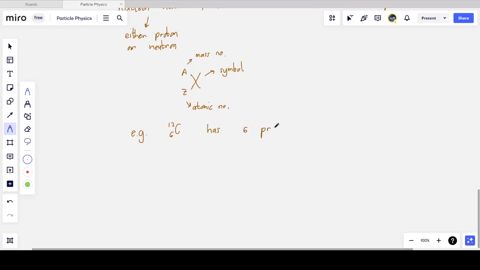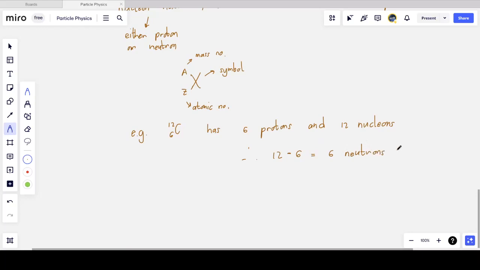So carbon-12 has 6 protons and 12 nucleons. That gives me the number of nucleons, but doesn't tell me the number of neutrons. The number of neutrons will be what's remaining in the nucleus: 12 nucleons, which is protons and neutrons, minus 6 protons, leaves 6 neutrons.